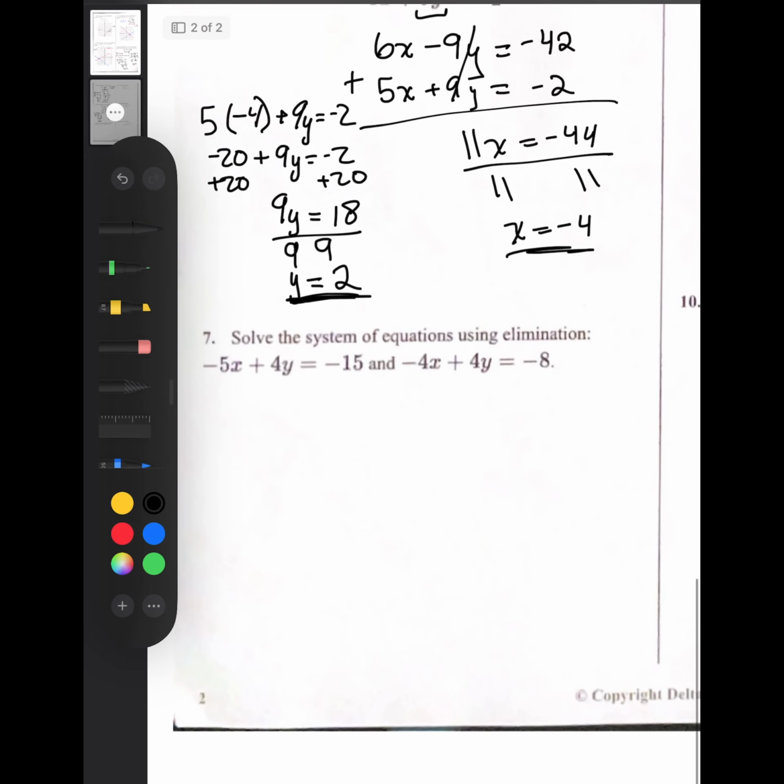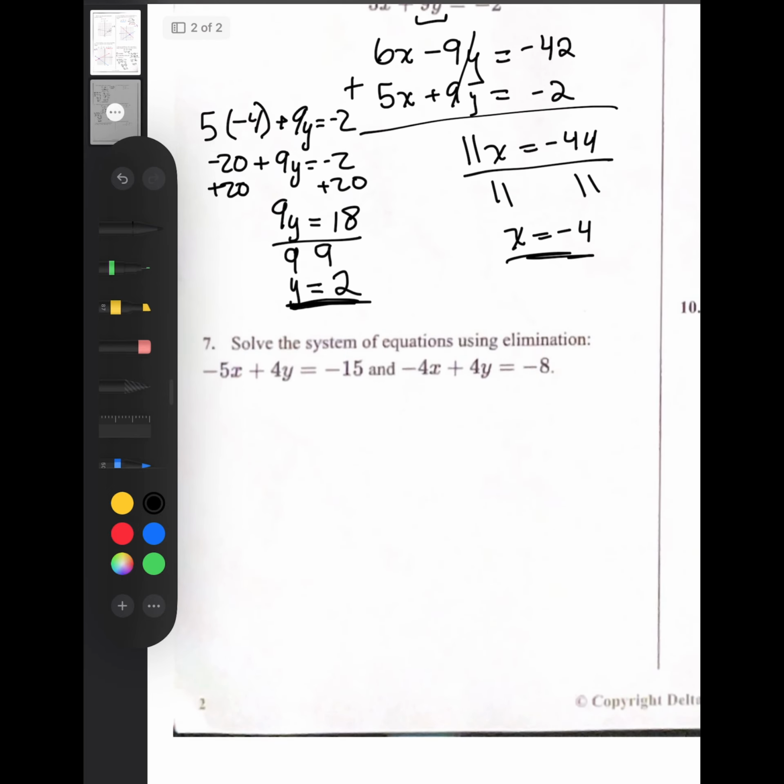Okay. Now number 7. They're specifically telling you to use elimination. So I recommend writing these on top of each other. It's usually easy to match up the variables and to see if there's a multiple or if it's already giving you a negative and a positive. Okay, so they did not give you a specific negative and positive of the same variable.